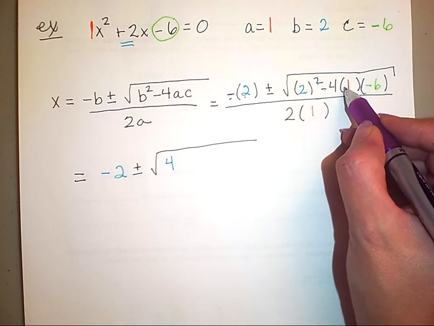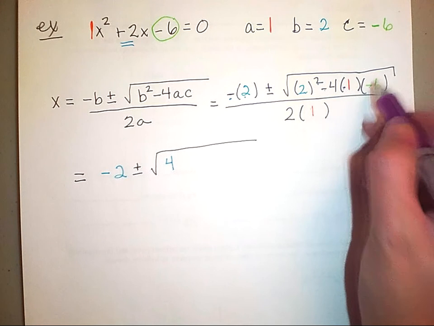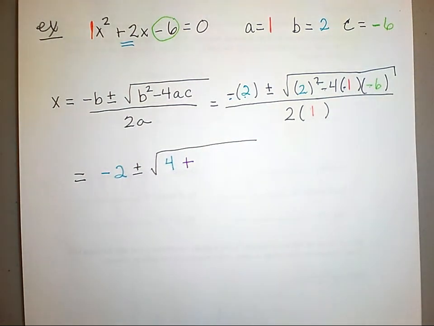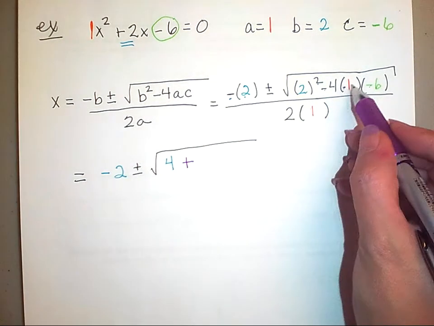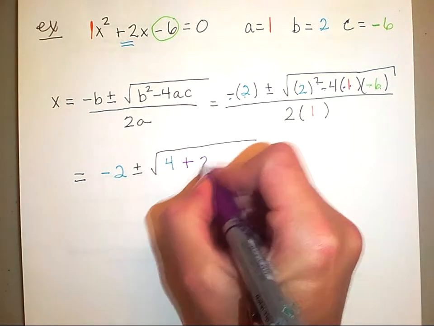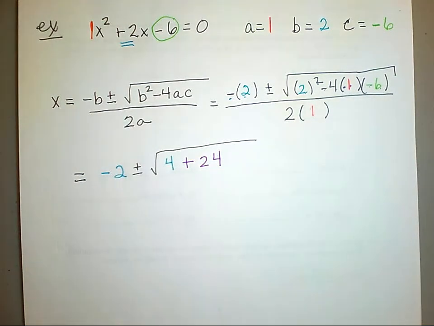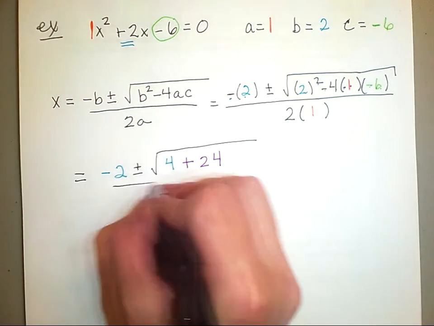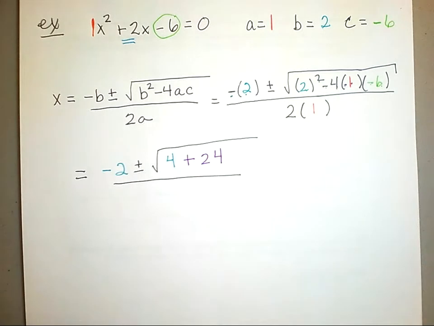Here we have a negative and a positive. That's negative. And a negative times a negative becomes positive. Now I can deal with the numbers. 4 times 1 is 4, times 6 is 24. And then we divide that by 2 times 1, which is simply 2.